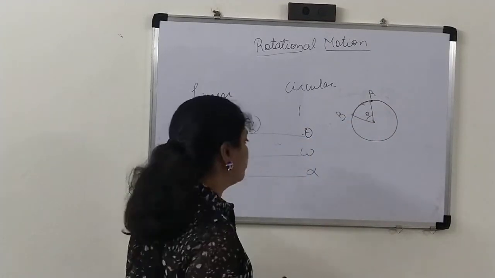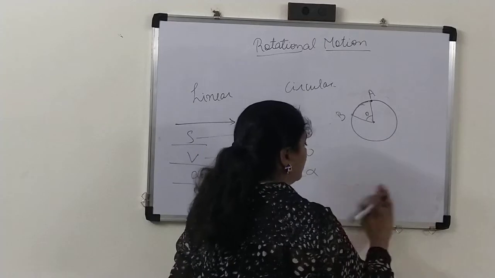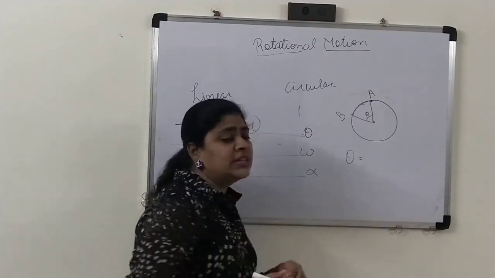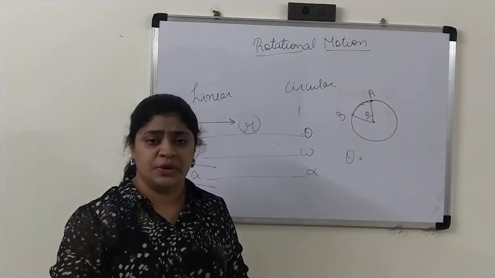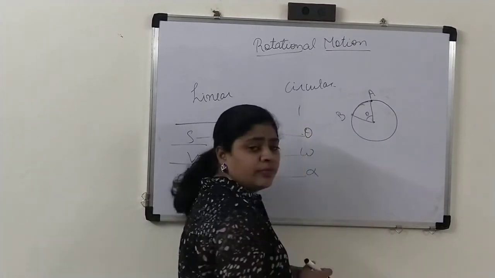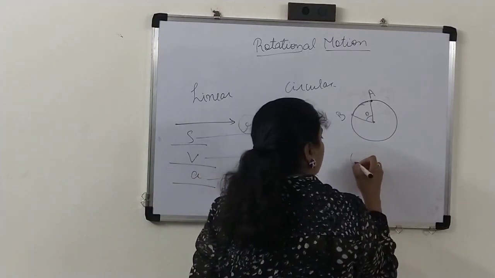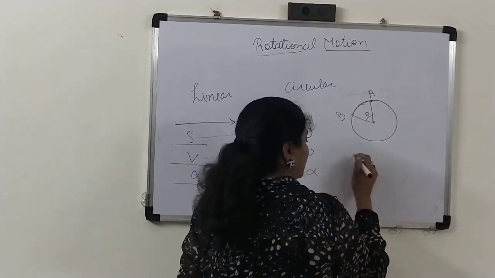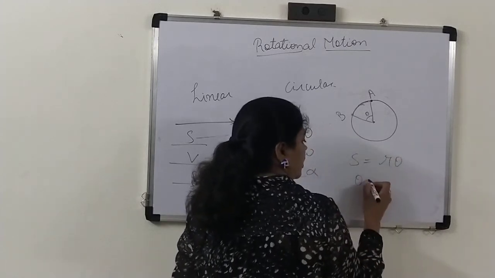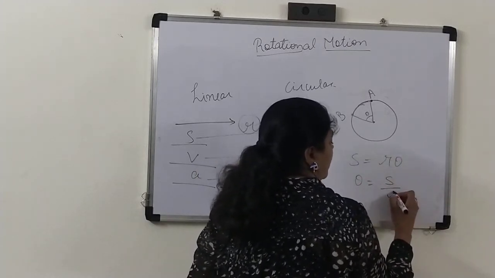Suppose I say theta, this is angular displacement. Now what is the value of theta? Linear displacement s is equal to r theta. Therefore theta is equal to s by r.